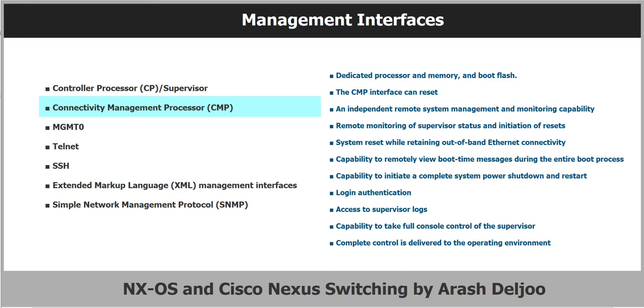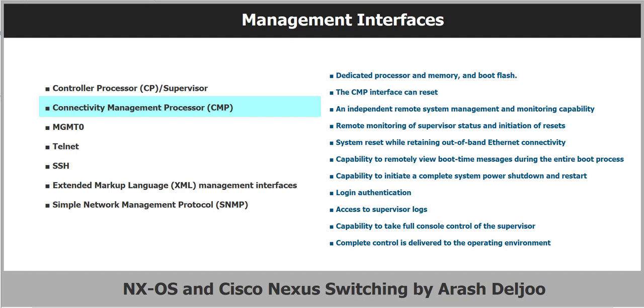The CMP enables lights out management of the supervisor module and all modules, specifically in the Cisco Nexus 7000 series system, without the need for separate terminal servers with the associated additional complexity and cost.